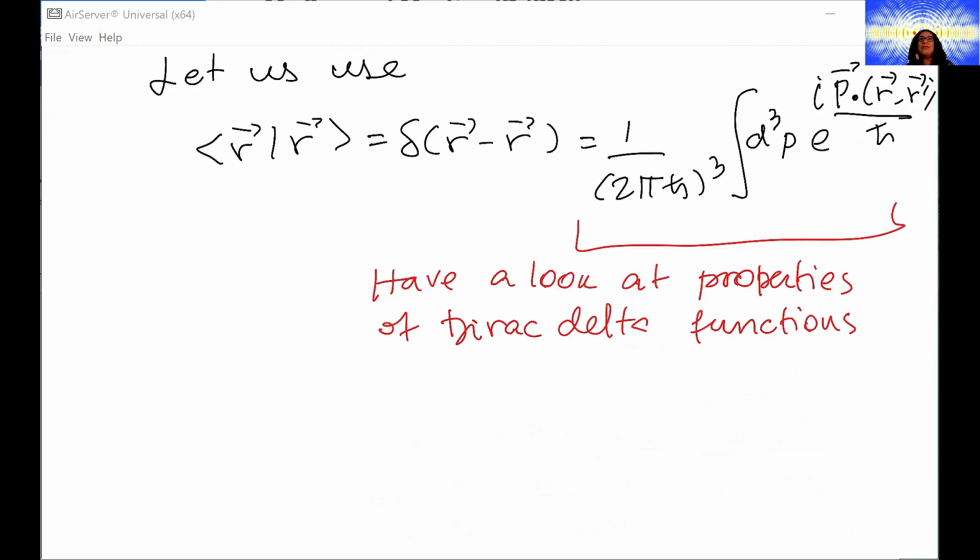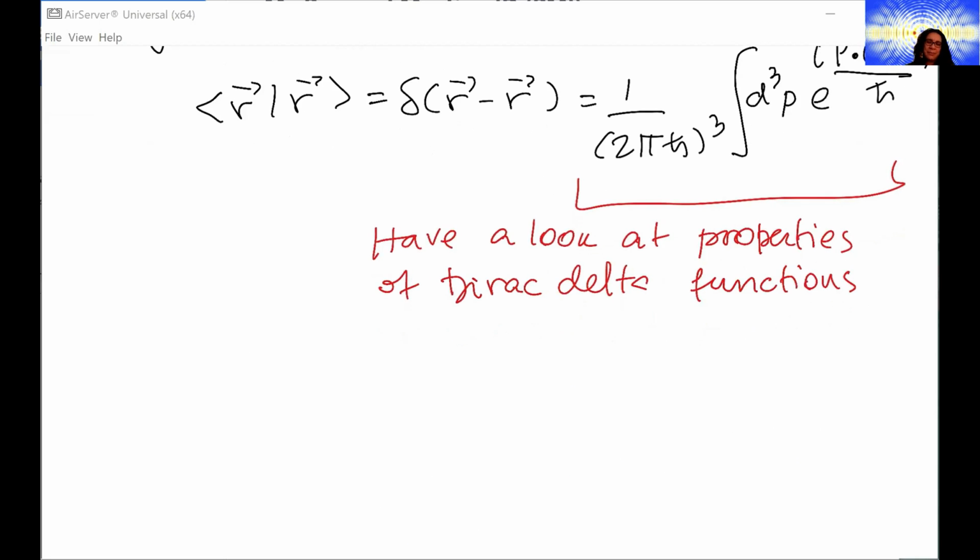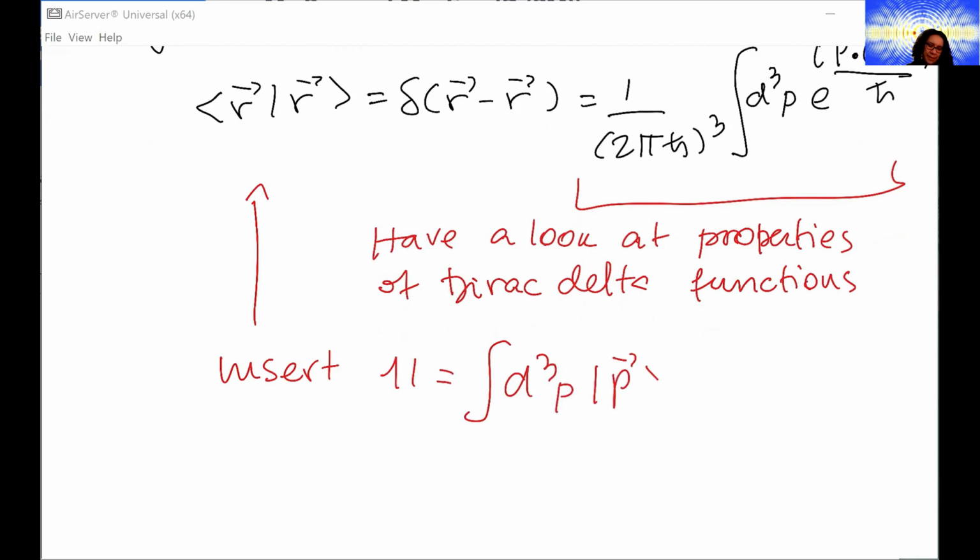And we can do the following. We can do a comparison, right? Because we also know that we can put in a closure relation. Let me put a closure relation here. We are going to insert ∫d³p |p⟩⟨p|, the identity operator.